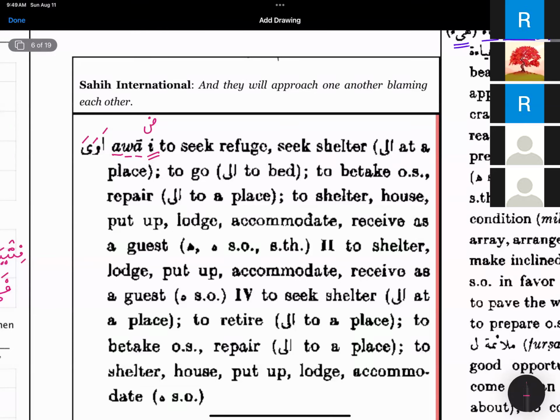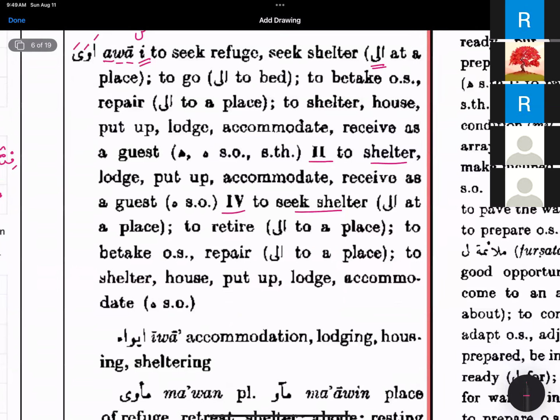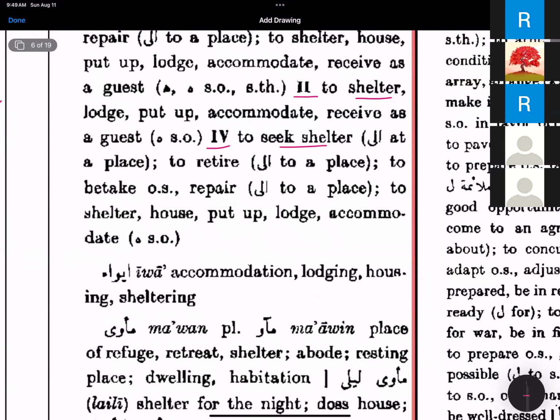And what preposition is it going to use? Ila, if we are referring to a place, and it says ilal kahfi, right? And then what else? Family 2 still takes the meaning of shelter, lodge, put up, accommodate. And then family 4, which is awa, to seek shelter. So it still has the meaning of shelter, to retire, repair.